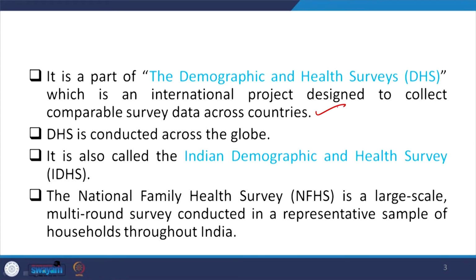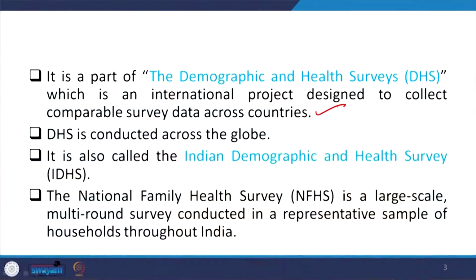So, you may prepare one objective question like, why is it the case that NFHS is comparable across the globe or across the countries where DHS has already conducted surveys on healthcare. It is across the globe because many countries have been covered. It is also called the Indian Demographic and Health Survey, IDHS data.